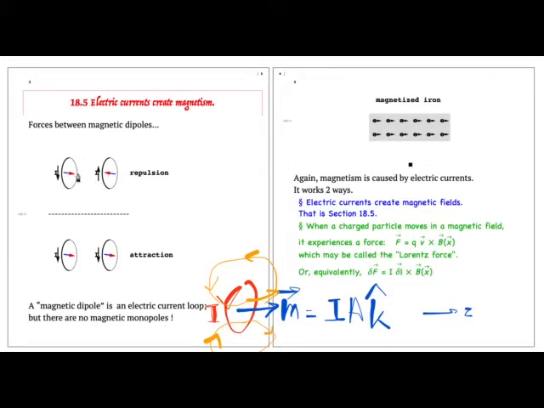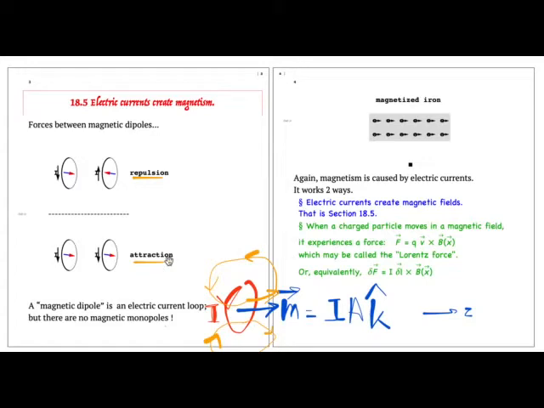You have a North Pole near a North Pole, that will give you repulsive force. On the other hand, if you have two dipoles with currents in the same direction, then the North Pole of this dipole on the left will be closer to the South Pole of this dipole on the right, and that will give you an attractive force.